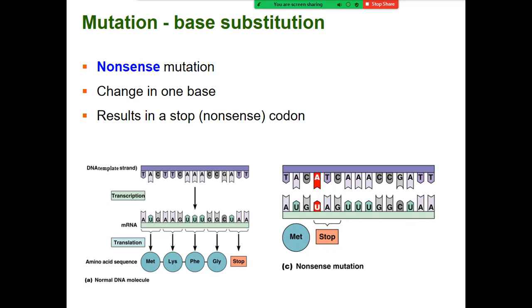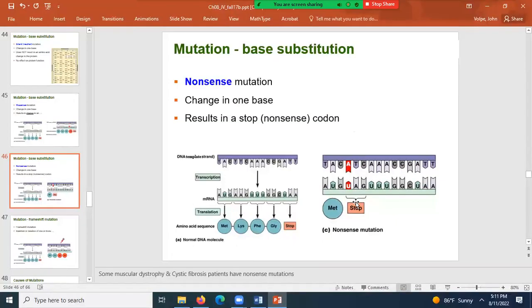This protein likely will not function, and if it does function, it will not function at its optimal rate. Any questions about a nonsense mutation? Some examples of a nonsense mutation are some mutations causing muscular dystrophy and cystic fibrosis.